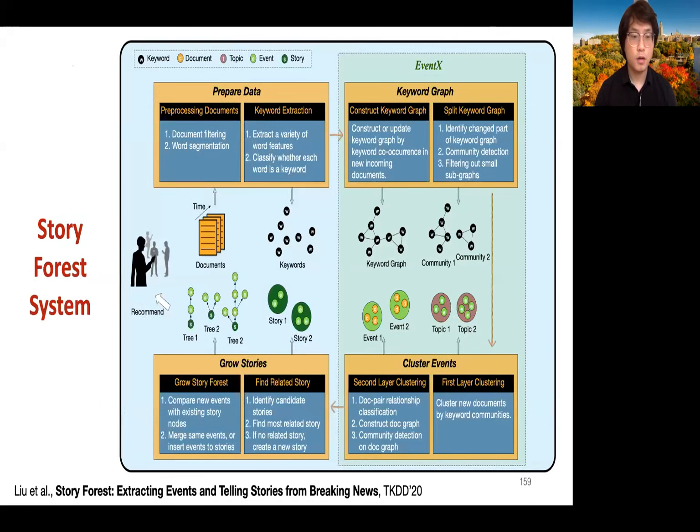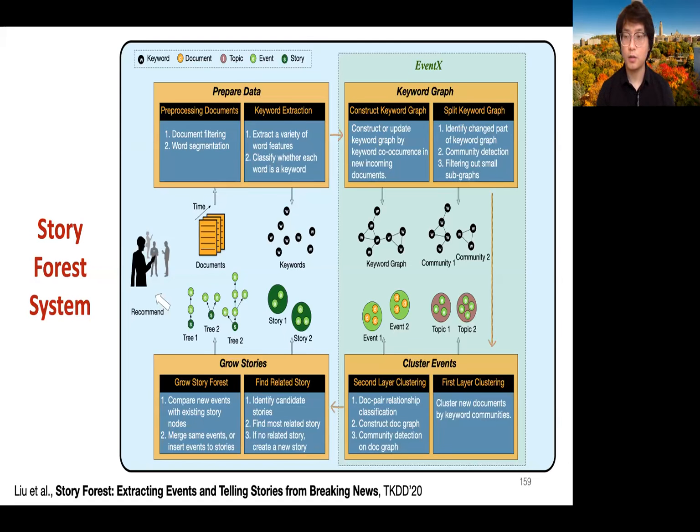And here shows the overall structure of the Story Forest system. We won't go into details here, but basically it contains 4 components. The first part is preprocessing the incoming stream of documents. Then we perform an event clustering algorithm to divide a stream of documents into different events, where each event is a cluster of documents reporting the same incident in the world.